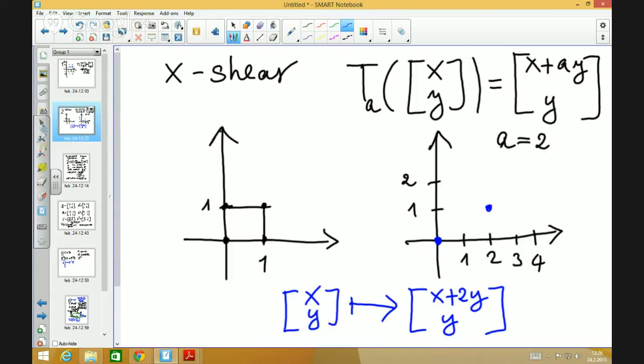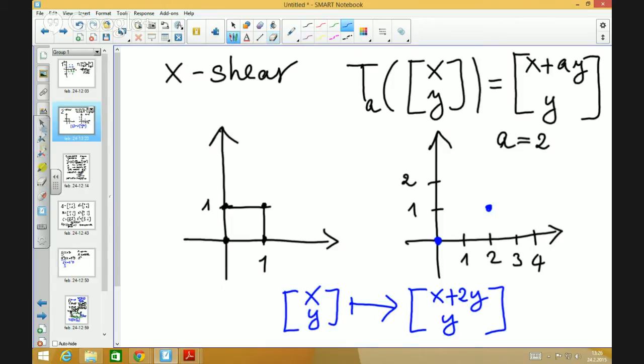What happens to the point (1, 0)? It goes to 1 plus 2 times 0. So that's (1, 1). Is that right? No, sorry, (1, 0). Oops.